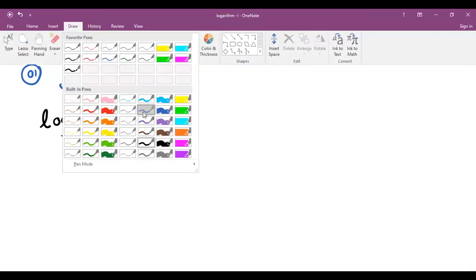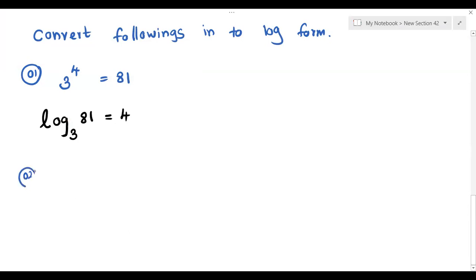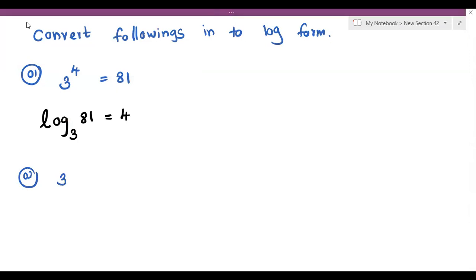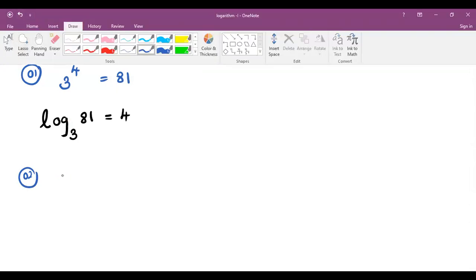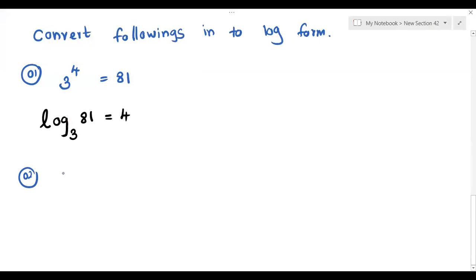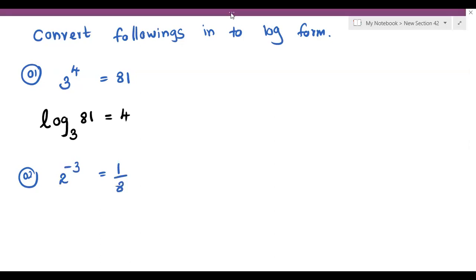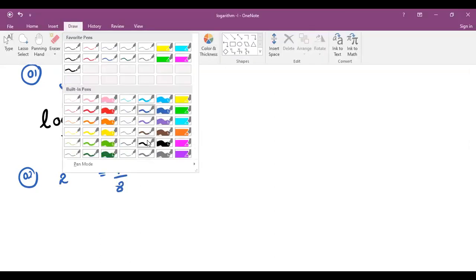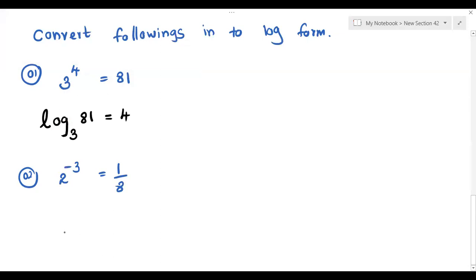Let's consider another one. Here, try to answer and check if it is correct or not. Then how do we express this?